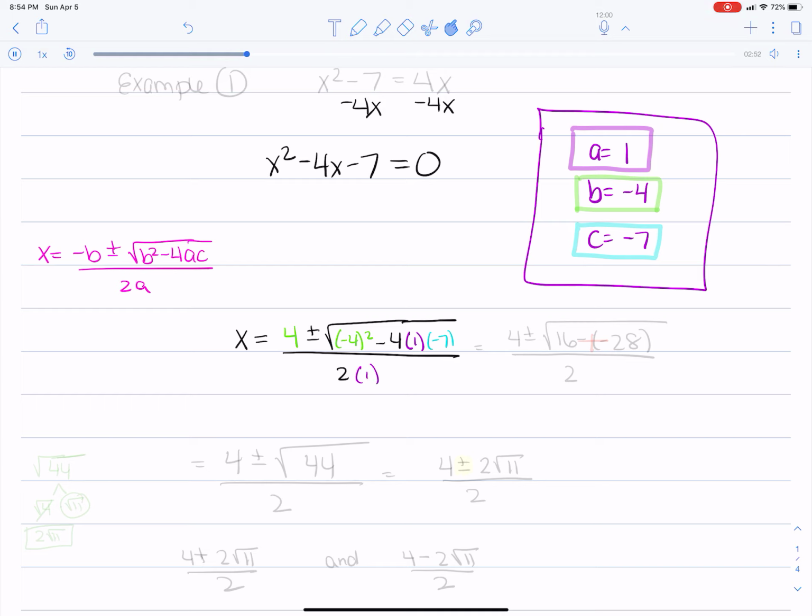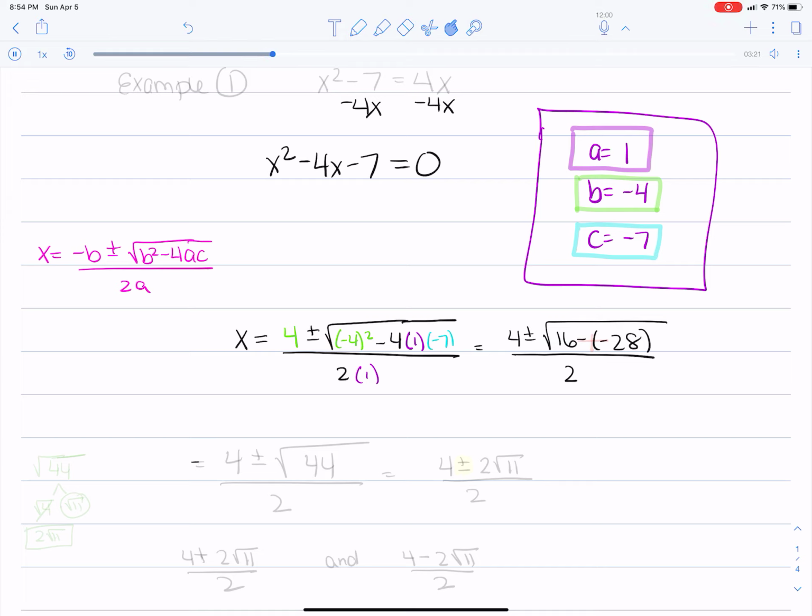So now we're going to simplify under the radical. We have 4 plus or minus the square root of -4 squared, which gives me 16, minus 4 times -7 times 1, which gives me -28, and this is all over 2 times a, which is just 2.